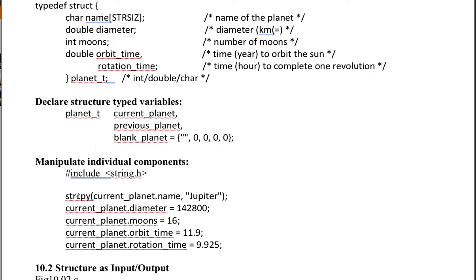We are going to use string copy. strcpy really means string copy. And this is a library function for the string library, so you want to include string.h. And then for the other members, these are the double types, integer types, they can be assigned directly.